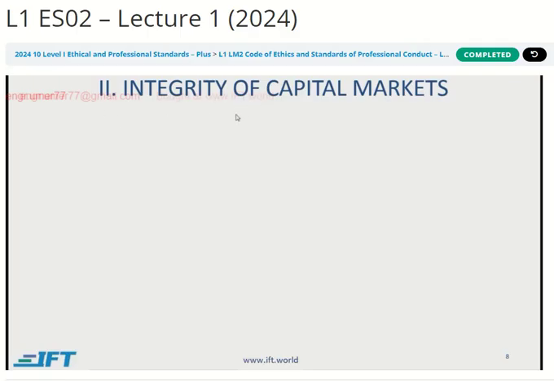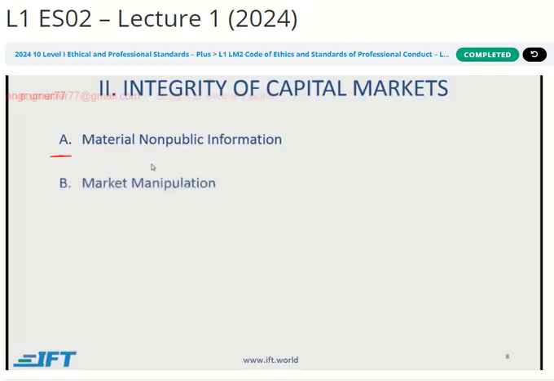Standard 2, integrity of capital markets. Here we have 2 substandards. Standard 2A is material non-public information. If you possess material non-public information that could affect the value of an investment, then you must not use that information to make any investment-oriented decisions, and you must not cause anyone else to act on this information either. 2B, market manipulation.